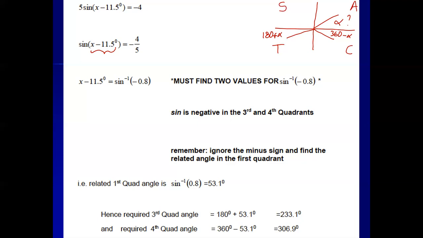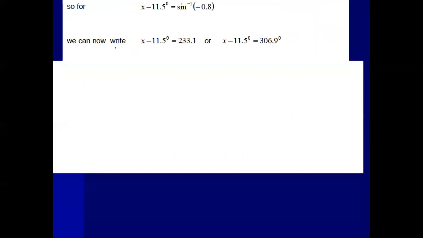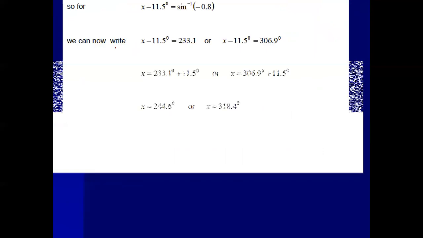If I've got x minus 11.5 equal 233, what? Plus, yeah, you add 11.5 both sides and you've got your answer. 233.1 plus 11.5, which gives me 244.6, and 306.9 plus 11.5, which is 318.4.